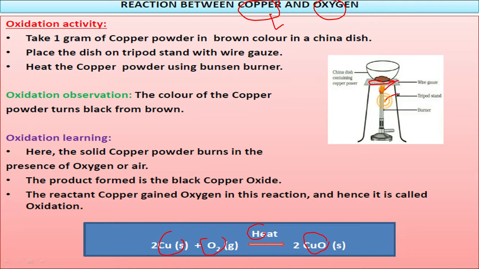When it is heated in the presence of oxygen, the reddish brown copper is converted to black copper oxide. What is the explanation? Copper and oxygen combine, meaning addition of oxygen is taking place. Wherever there is an addition of oxygen, that process is called oxidation. Is this reaction a redox reaction? No, this reaction is not a redox reaction, but here the oxidation process is taking place. It is an example of an oxidation reaction.